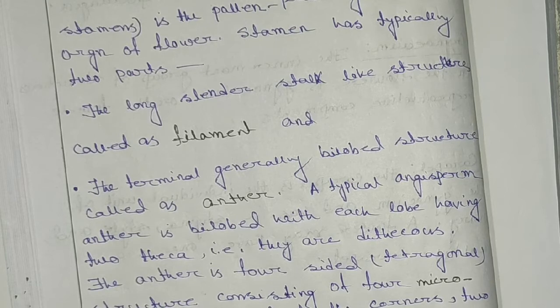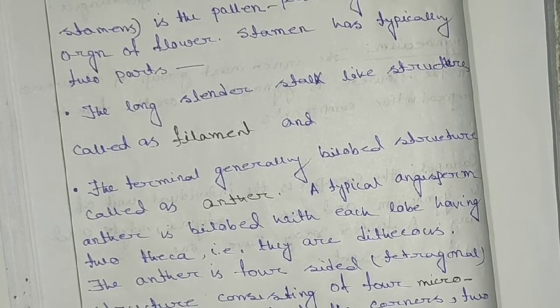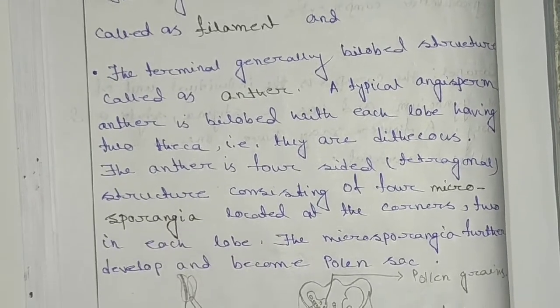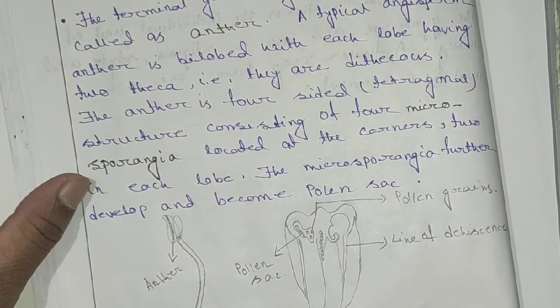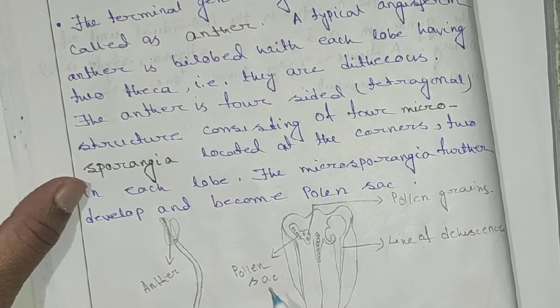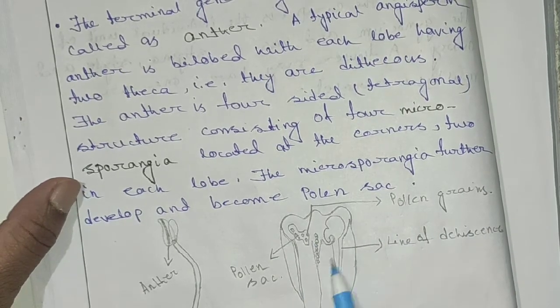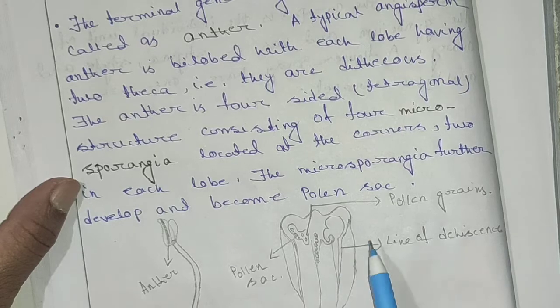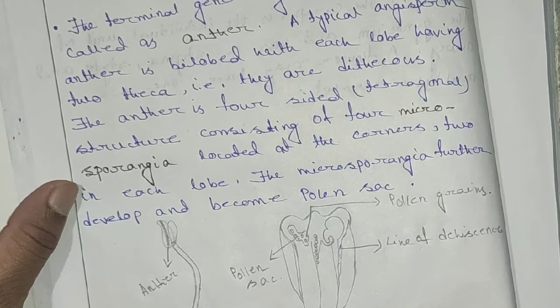The microsporangia further develop and become pollen sacs. This is a cut section of the anther, and this is a pollen sac. These are pollen grains, and this is the line of dithecous.